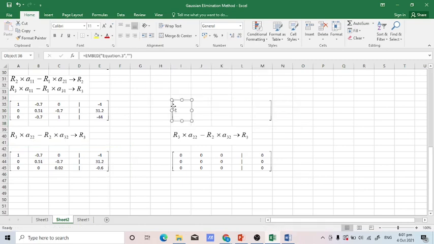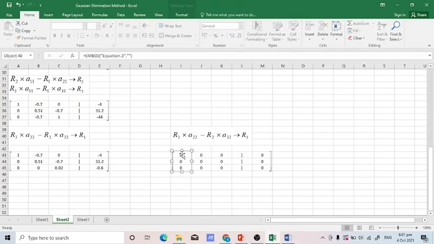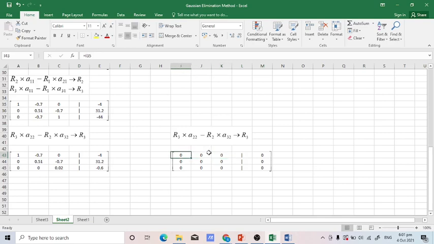Hindi na kailangan yun. Okay. So, halimbawa, ito. So, ito equal sa saan?